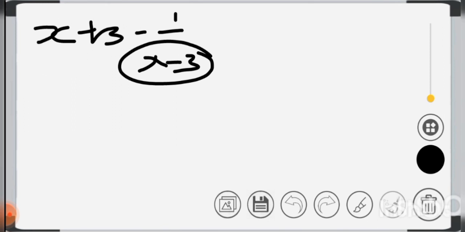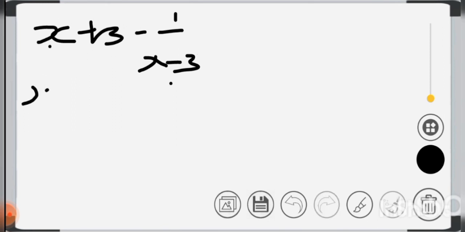Should we try it? Let's try it. Let us say this times this. We have x squared minus 3x, x squared minus 3x plus, okay, that's not actually the answer.